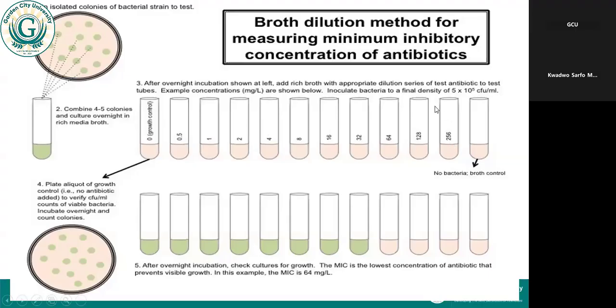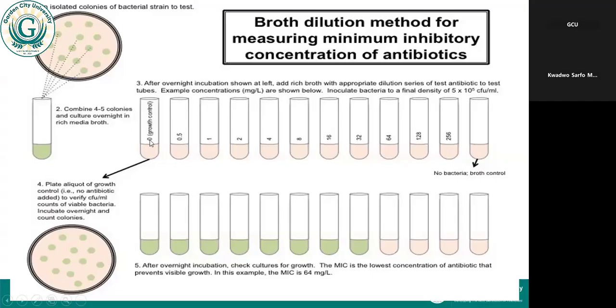Then they introduce the organisms that they had put in the broth, after incubation, into the respective test tubes that have different concentrations of the antibiotic, and they set up controls.